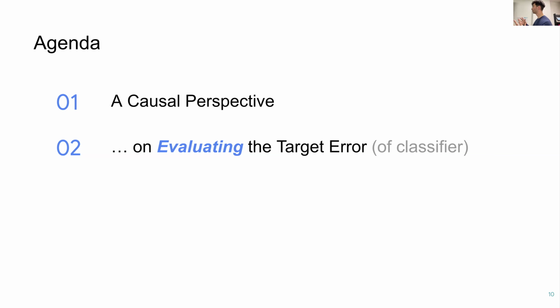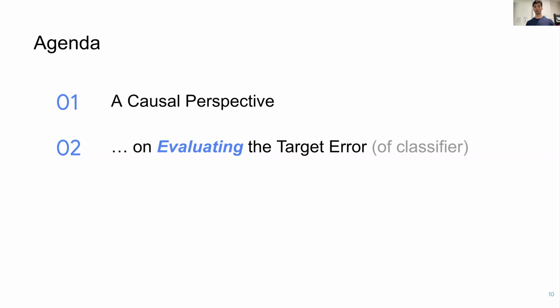You have a classifier maybe trained on some source domain that you may not know much about, or you may. You have some target error that you possibly don't observe a lot of data in, or maybe no data at all. Can you say something about the performance of this classifier if deployed in the target domain?